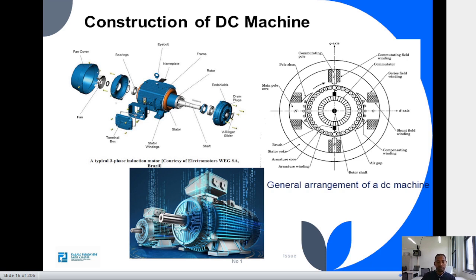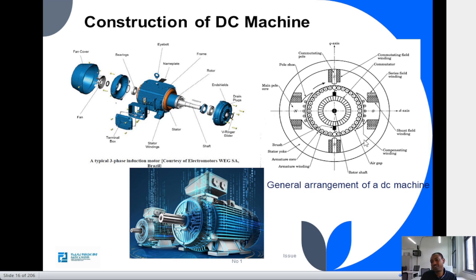A physically assembled DC motor or generator may look like this. Of course, the size is based on the rating of the machine. When we disassemble it, we get the major components of the DC machine. And this is a cross-sectional view of the DC machine.